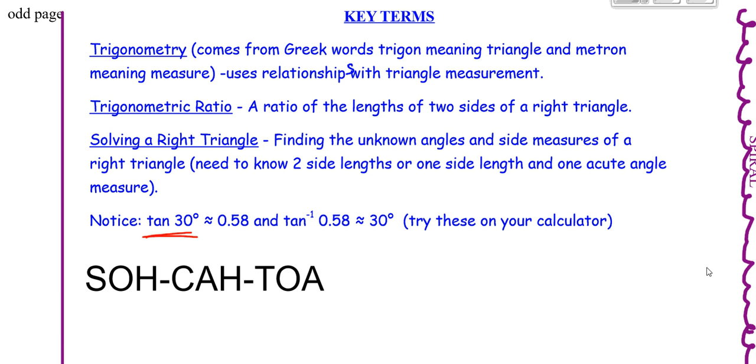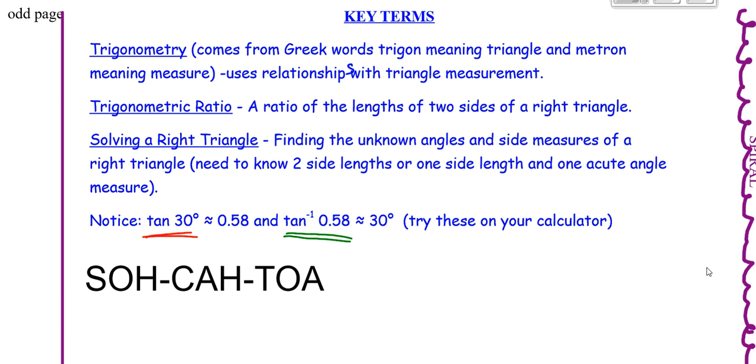And then the second thing is, if you do the inverse tangent of 0.58, that should be about 30 degrees. And I ask that you try those on a calculator. If you can't get them to work today, just make sure that you tell me tomorrow. Also, please make sure that you're writing the tangent of 30 degrees is approximately 0.58, and that the inverse tangent, tangent to the -1, we'll talk about that again, of 0.58 is about 30 degrees.